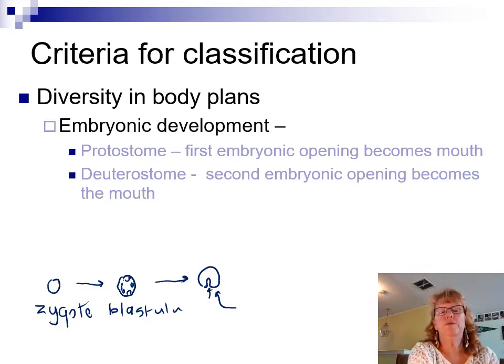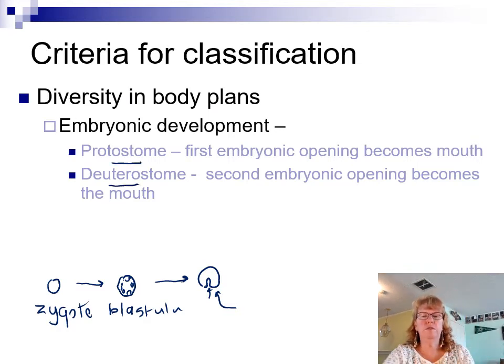Okay, so the difference between a protostome and a deuterostome in terms of development is if this first opening becomes the mouth, then that's going to be what we consider an organism that is a protostome. If that first opening becomes the anus and the second opening becomes the mouth, that is what we call a deuterostome.